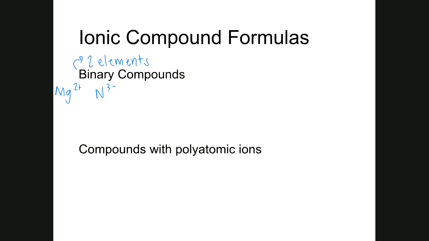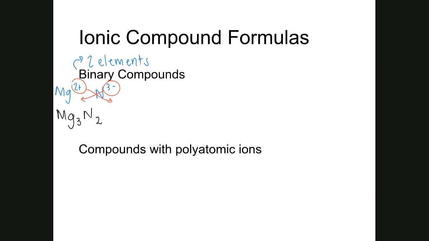So the easiest way to make sure that we're ending up with a neutral compound is just to take these charges and cross them over to become the subscripts. But we always take the absolute value because we're not going to have a -3 subscript. So the compound now becomes Mg3N2. So we need 3 magnesium ions and 2 nitrogen ions in order to make this compound.